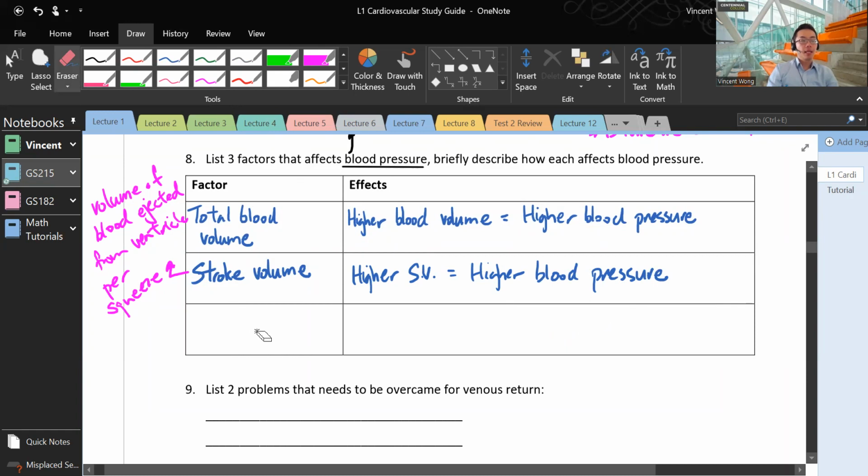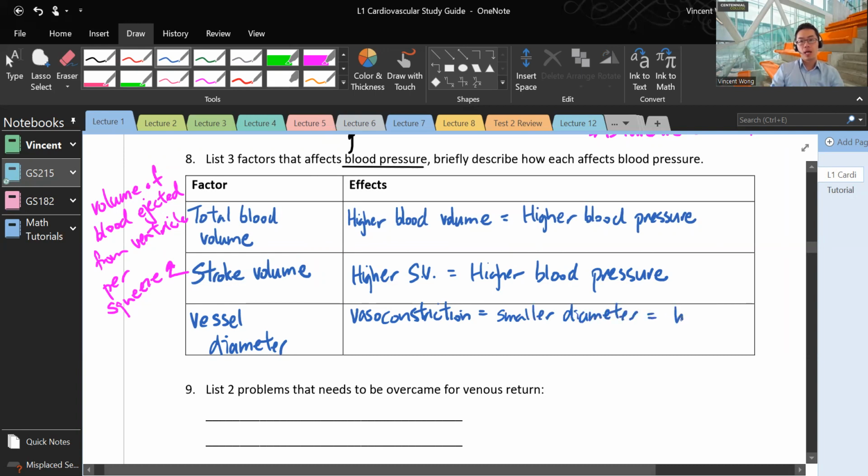And finally, vessel diameter. Vessel diameter. And we have two situations here. We have vasoconstriction. So vasoconstriction means smaller diameter, which equals higher pressure, higher BP, blood pressure.